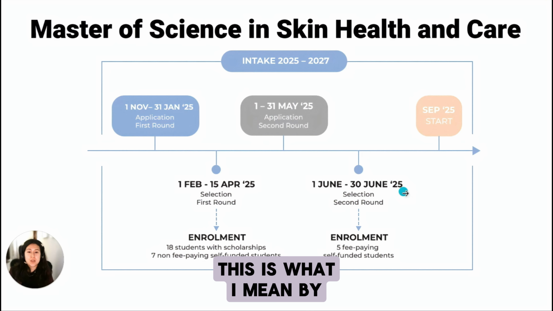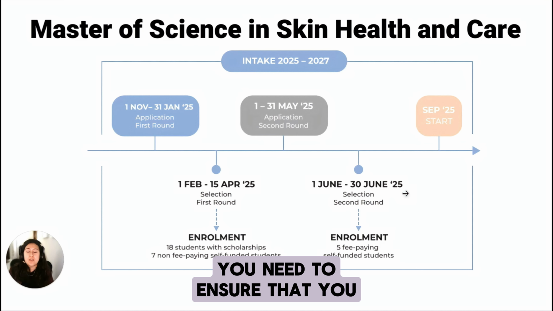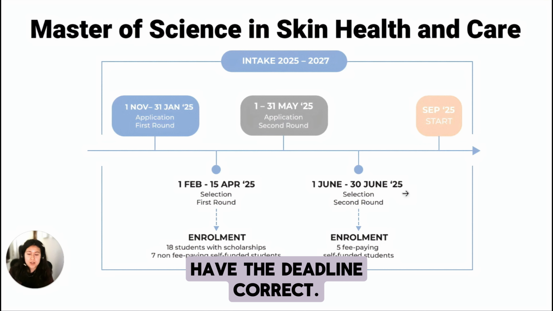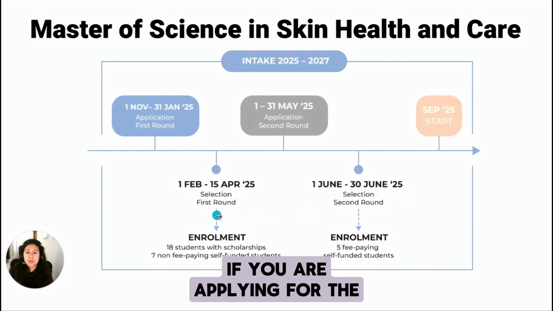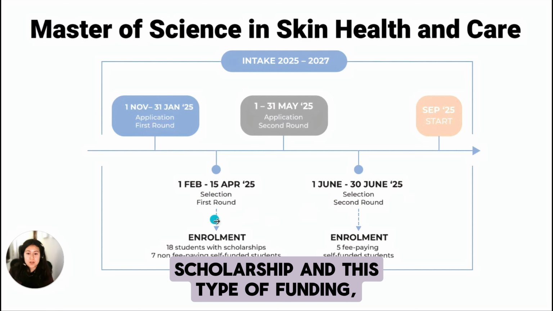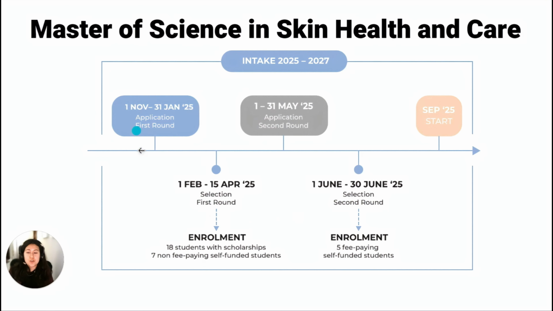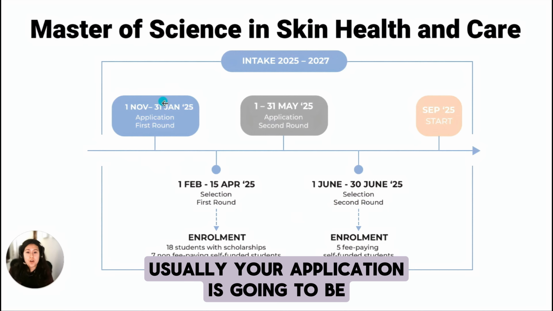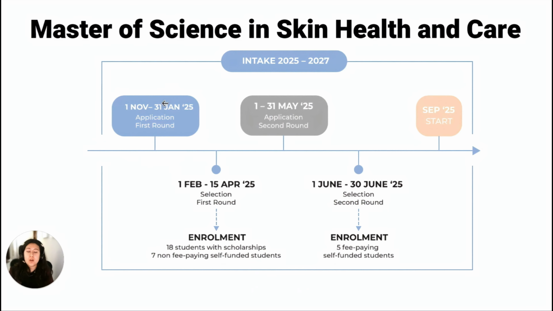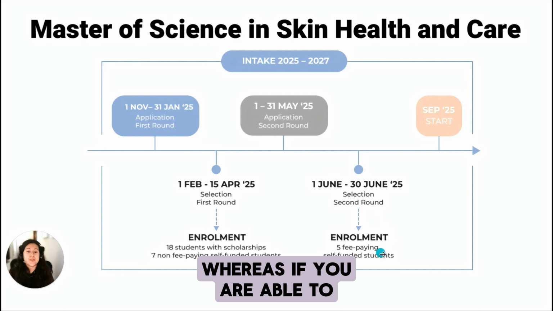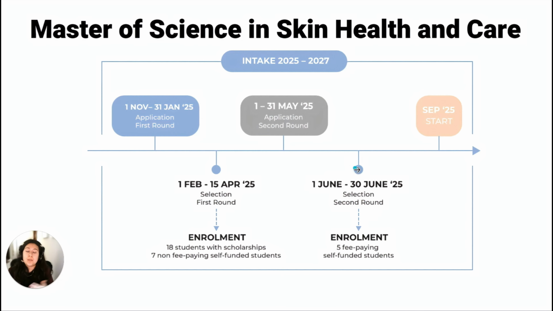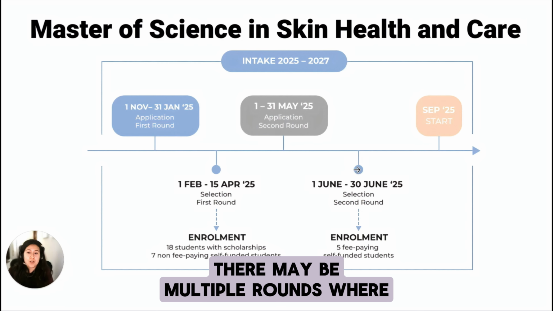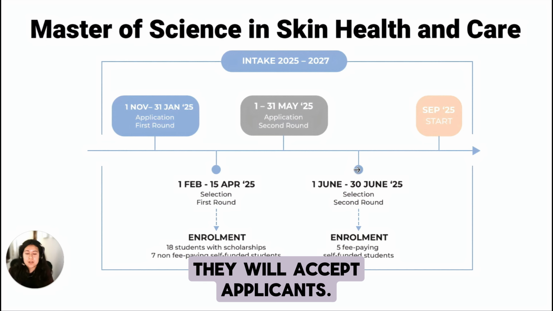This is what I mean by you need to ensure that you have the deadline correct. If you are applying for the scholarship and this type of funding, usually your application is going to be a lot earlier in the cycle. Whereas if you are able to self fund, there may be multiple rounds where they will accept applicants.